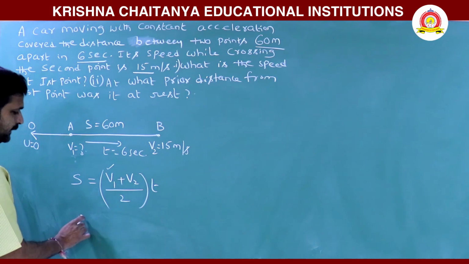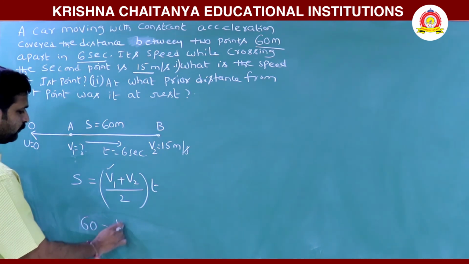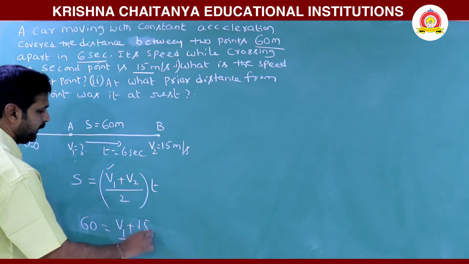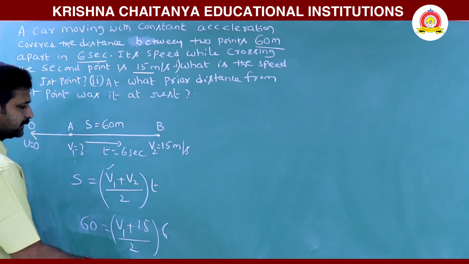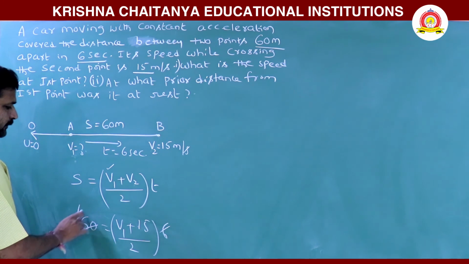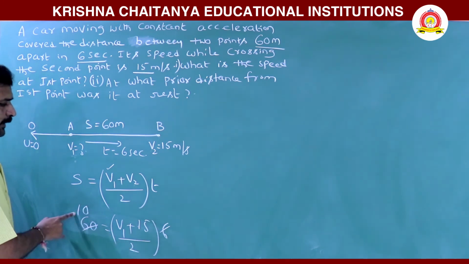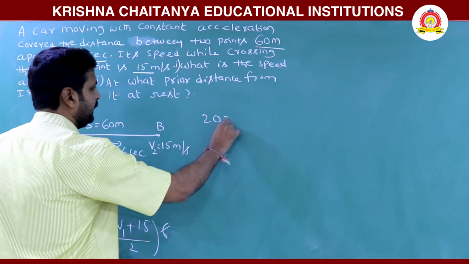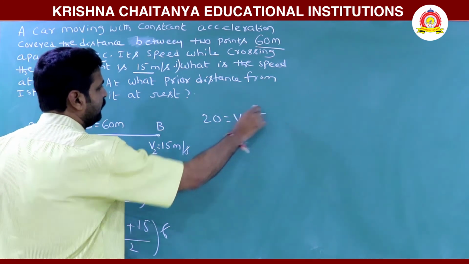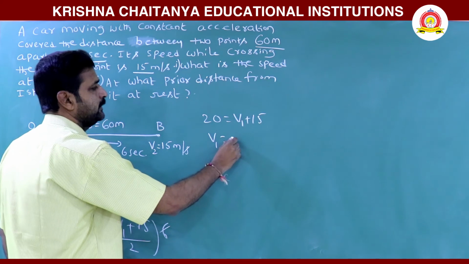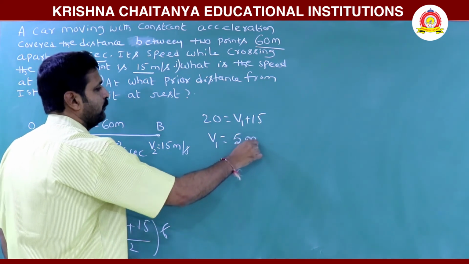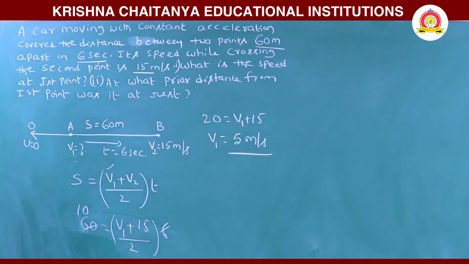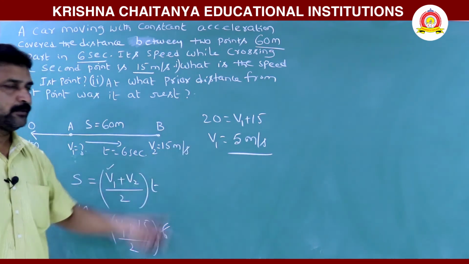So writing for S 60, V1, and for V2 15 by 2 into 6. So 60 by 6 is 10, 2 10 is 20, minus 15. So 20 is equal to V1 plus 15. V1 is equal to 5 meter per second. So now we obtained V1.